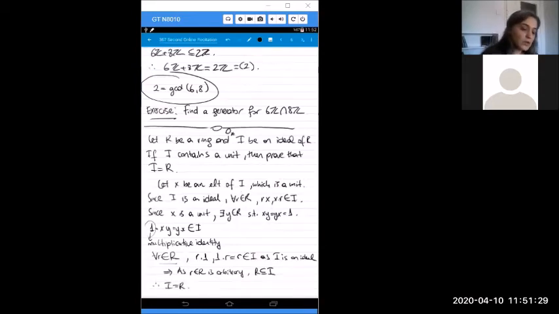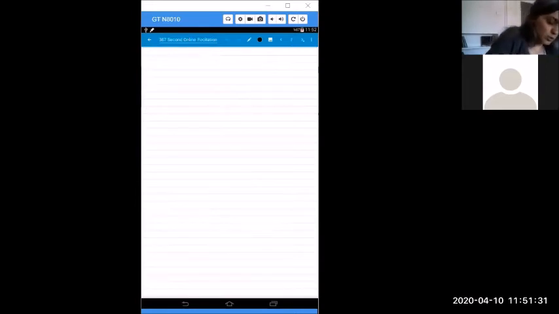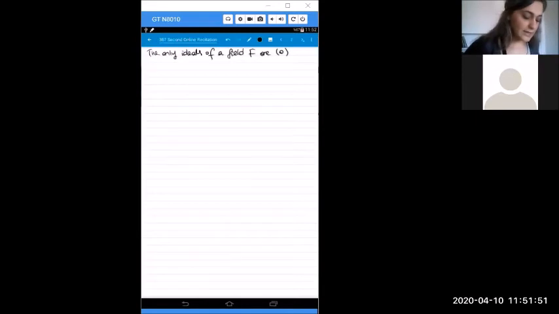Now, using this one, we are going to prove that the only ideals of a field F are the trivial ideal, the ideal generated by 0 containing only the additive identity, and F, the field itself.